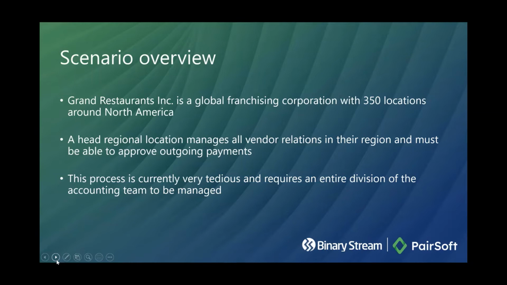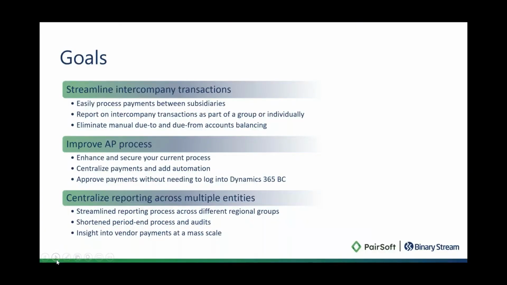It requires an entire division of the accounting team to manage it, and that really takes away from their ability to make decisions and focus on actual insights. So, a quick review of their goals. They want to streamline intercompany transactions, improve their AP process, and centralize reporting across multiple entities.